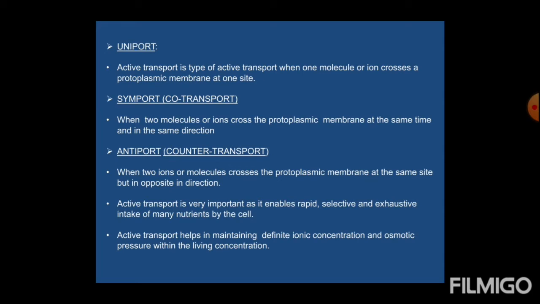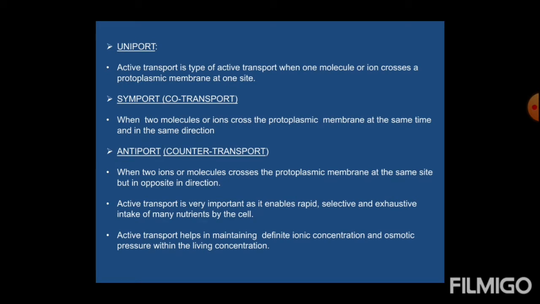Whereas antiport, also called counter transport, is where two molecules or ions cross the plasma membrane at the same time, at the same place, but in the opposite direction. With the same example, if one child is entering the class and at the same time another is going out of the class, this is a very good example of antiport.